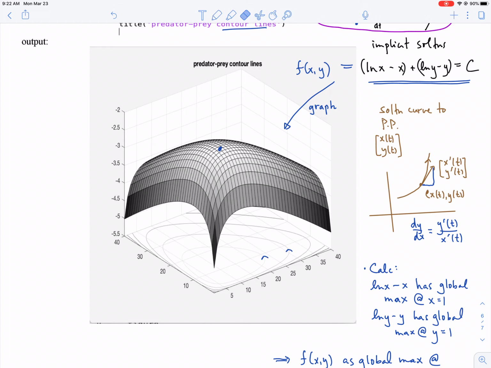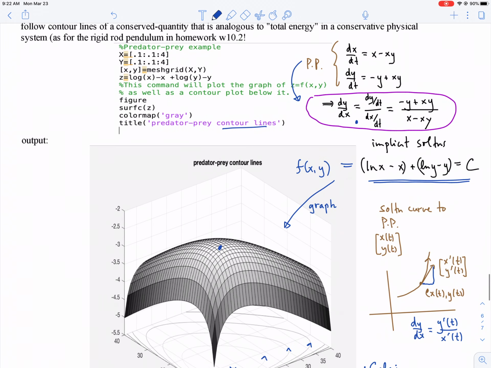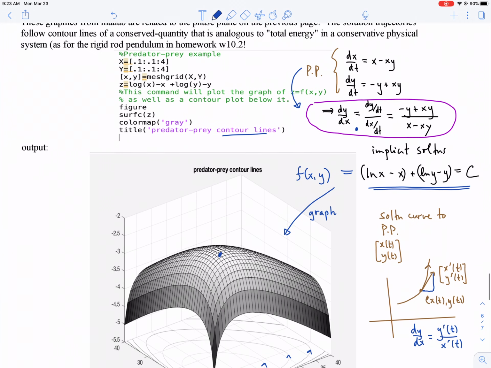Oops, they were going the other way, weren't they? No, this is the way they were going, right. So here are the solution trajectories, which are the level curves of the function f of xy. Okay.